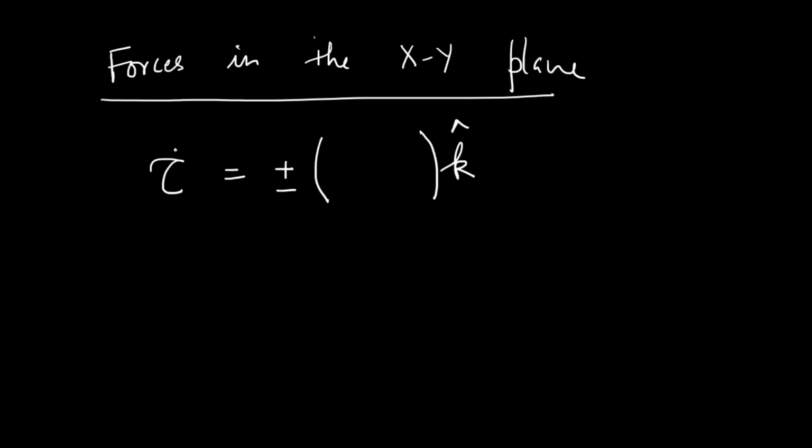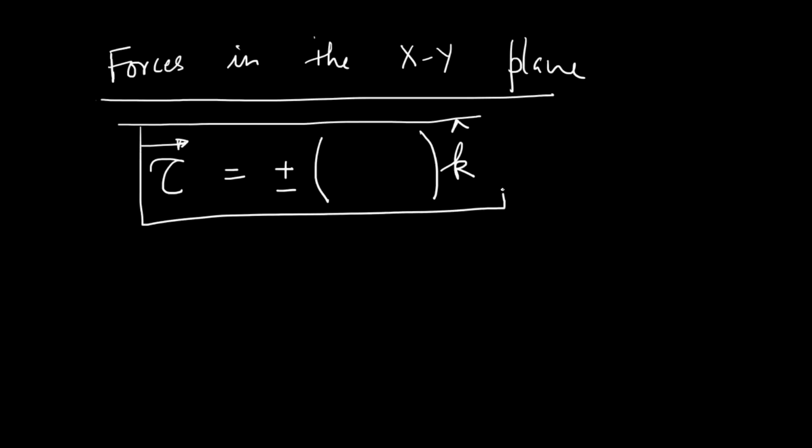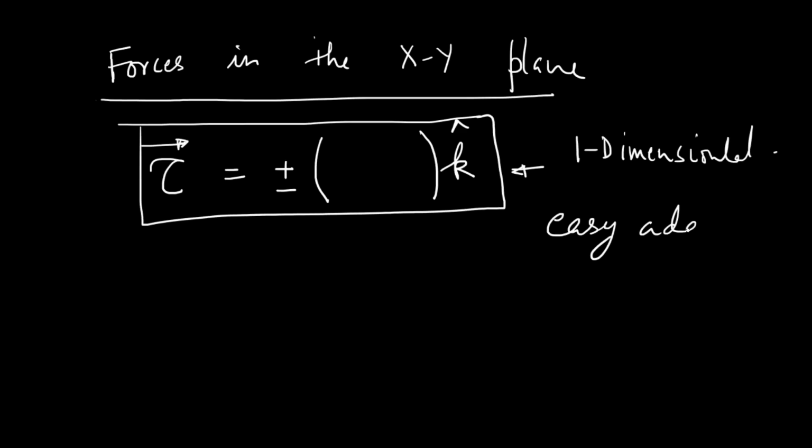Now, as a result of this, I'm not highlighting the fact that it's a vector. I think it's better to keep it as a vector because it could still be plus k or minus k. But things are much easier because it's one dimensional now, only in the direction of k or opposite the direction of k, and therefore it's easy to add torques due to various forces.